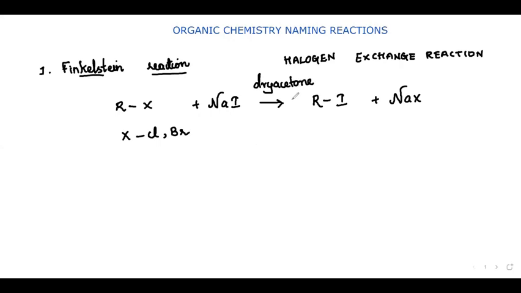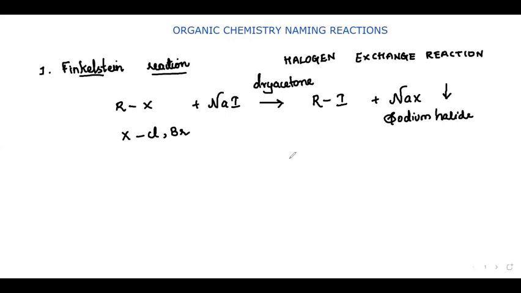What is the use of dry acetone here? This sodium halide is precipitated in the reaction mixture, because if it is not precipitated, the reverse reaction may take place. Both RI and NaX can react to give the reactant.